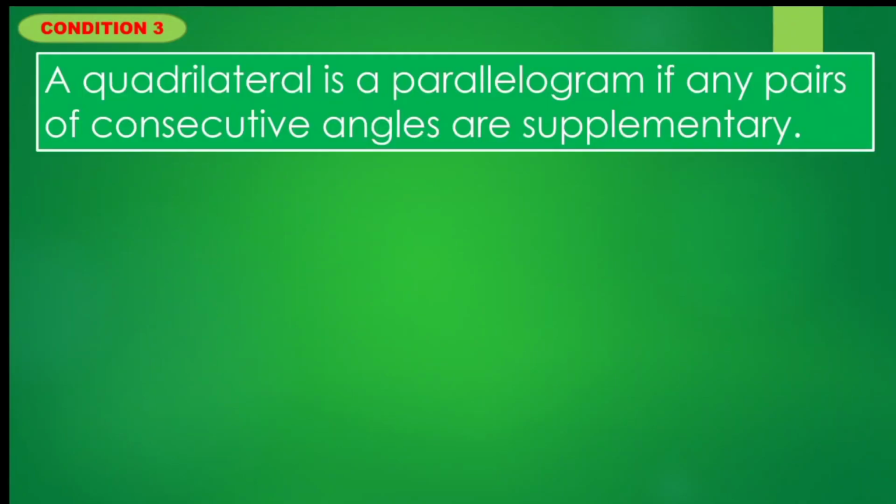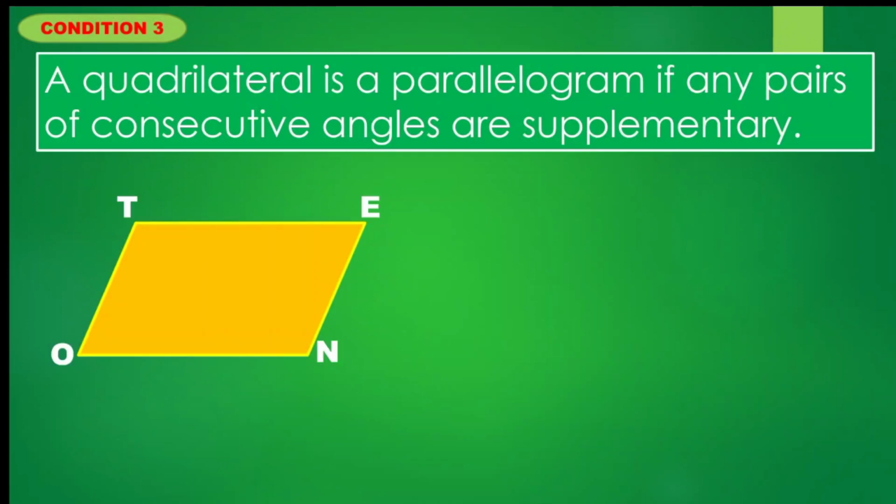Okay, are there questions with this condition? Next up, let's proceed to condition number 3. A quadrilateral is a parallelogram if any pairs of consecutive angles are supplementary. Okay, so based on this illustration, we have here quadrilateral TONE. And it says here consecutive angles are supplementary. So what are the consecutive angles? Let's start in that direction. Okay, starting from that one, going there.